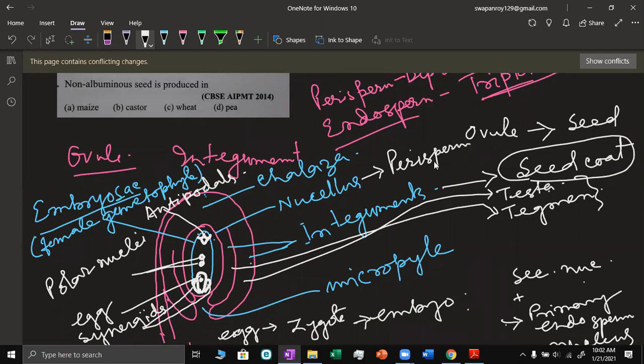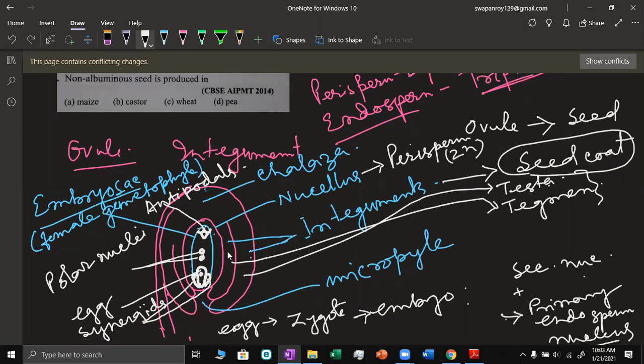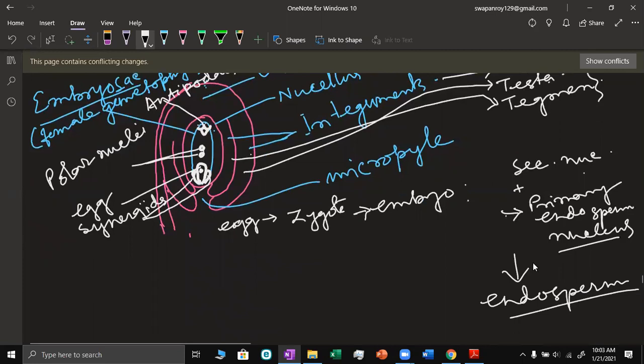So this is diploid, and the endosperm is triploid, because the secondary nucleus is formed when the two polar nuclei fuse together.